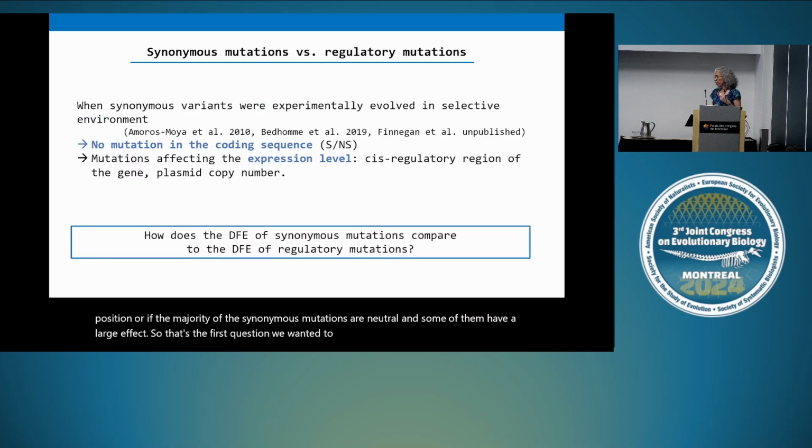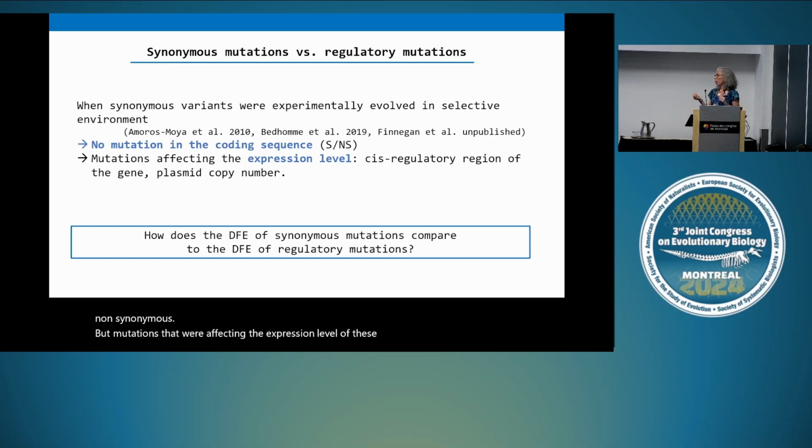And then in experiments we have conducted in my group, we have experimentally evolved synonymous variants in selective environments, mainly in antibiotic. The main result that we had is that we generally had no mutation in the coding sequence, either synonymous or non-synonymous, but mutations that were affecting the expression level of these genes.